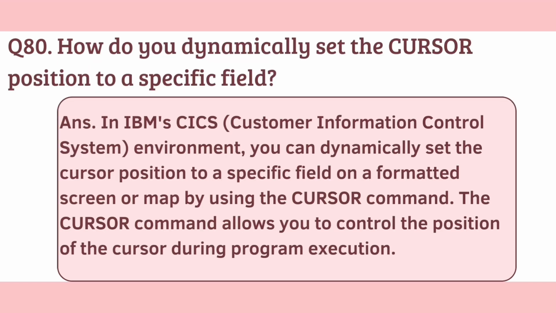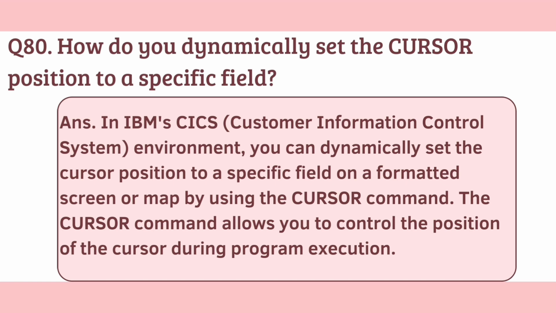Moving to question number 80. How do you dynamically set the cursor position to a specific field? In IBM's CICS environment, you can dynamically set the cursor position to a specific field on a formatted screen or map by using the cursor command.